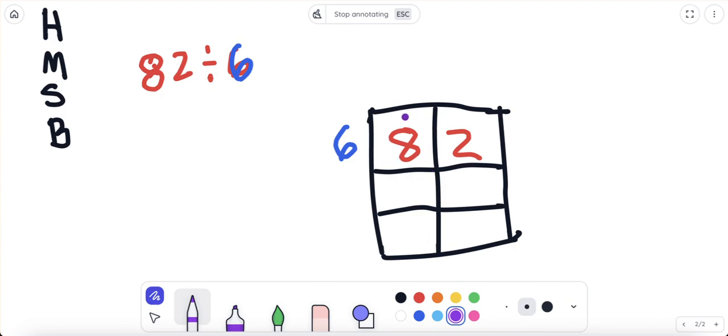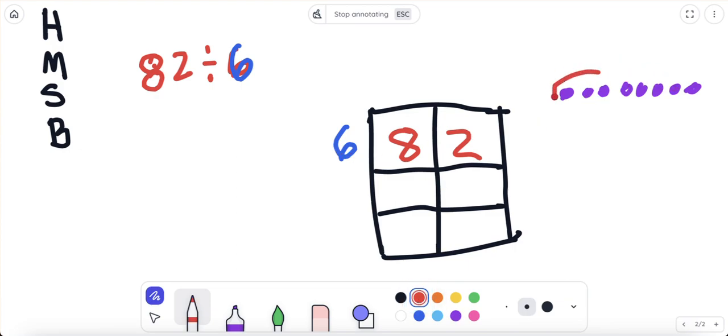So here we're going to look at 8 because we only have 8 in this first box. We're going to ask how many sets of 6 can we fit inside the 8. If you draw 8 candies, 1, 2, 3, 4, 5, 6, 7, 8. Again, how many sets of 6 inside the 8?